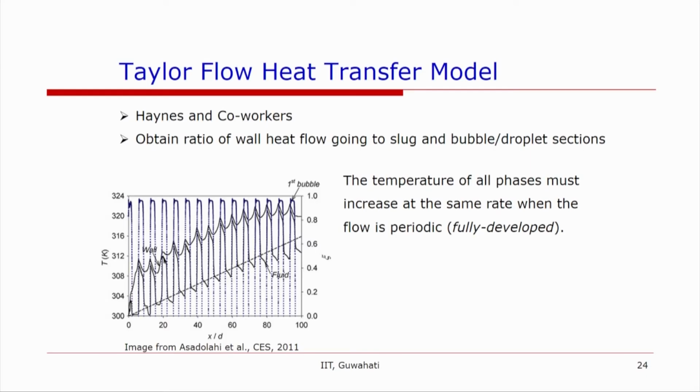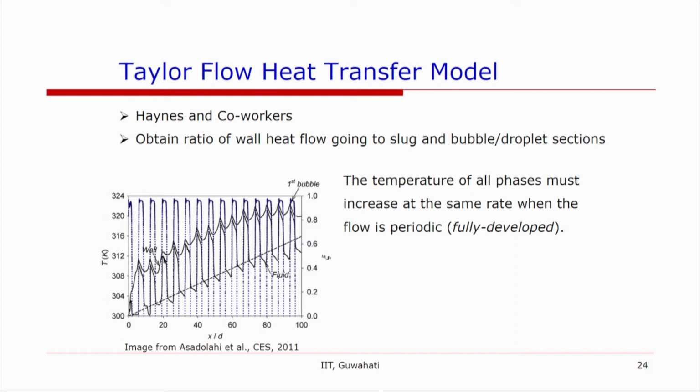Of course, we would need to make some assumptions to make this a closed system of equations, which can be used to predict the overall heat transfer in a unit cell for fully developed Nusselt number in a channel.